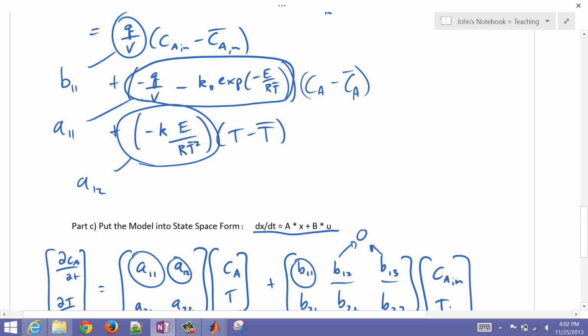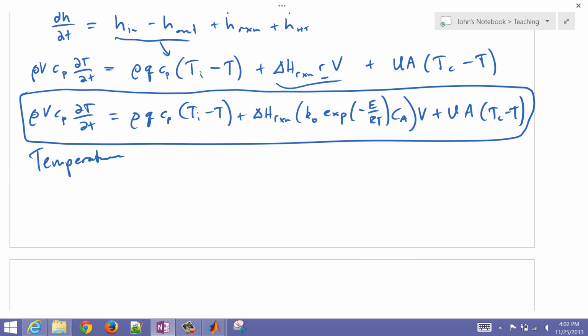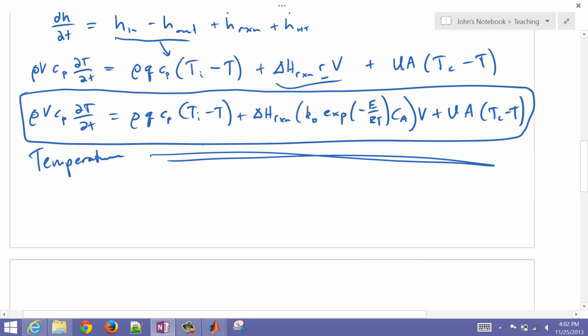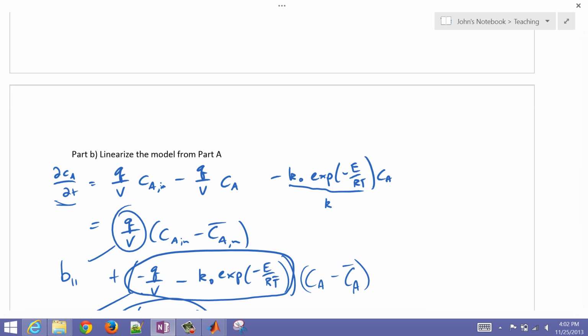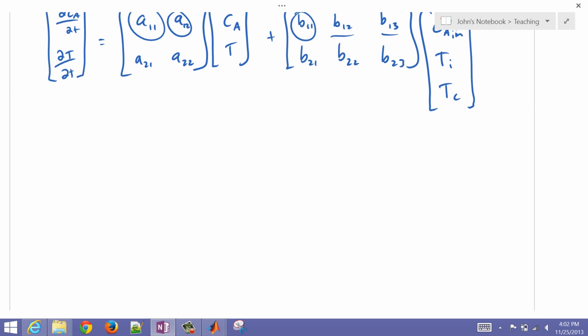Now we can do the same thing for the energy balance right here. We can go ahead and linearize that and then get the expressions. I'm just going to write those out for A21.